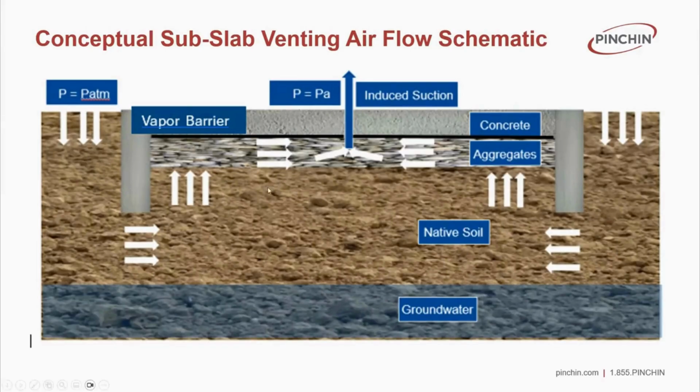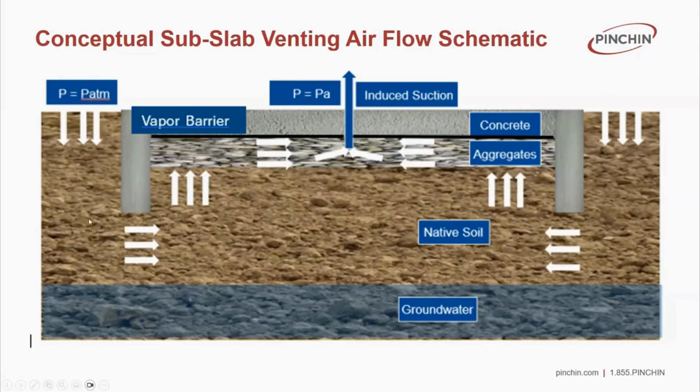This is a schematic showing basically the airflow through the subslab. One of the things to understand is that all air comes from the atmosphere, and the arrow in the middle pointing up is the location of the vent riser, and there is this aggregate layer acting as the permeable layer for that venting.